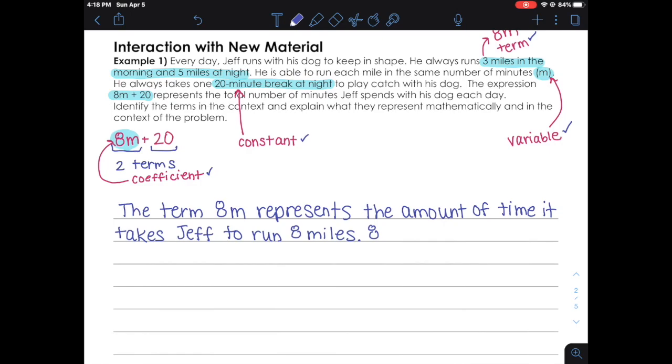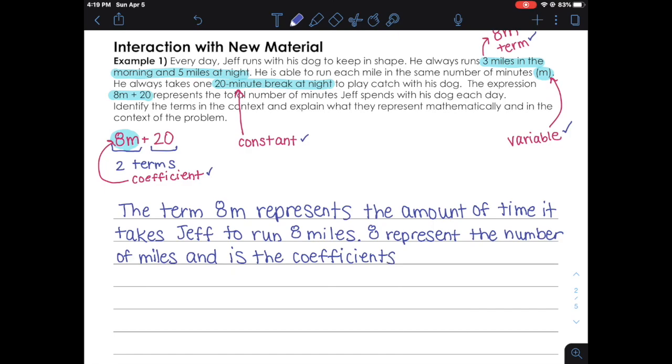The 8 is going to represent the number of miles, and is our coefficient. Notice in my explanation, I'm using the vocabulary terms that we talked about. So 8 is our coefficient, not efficiency. M represents the number of minutes, and this is our variable.